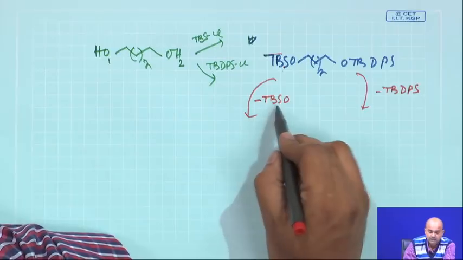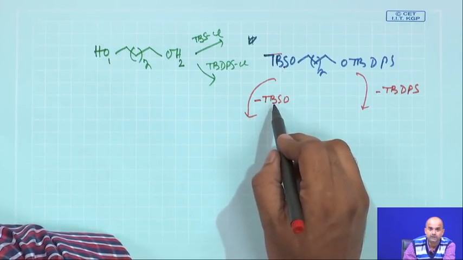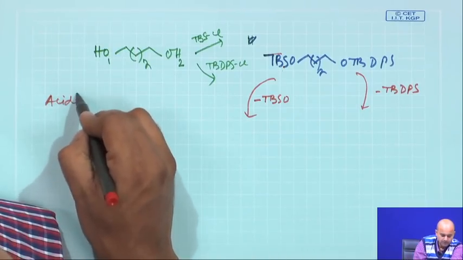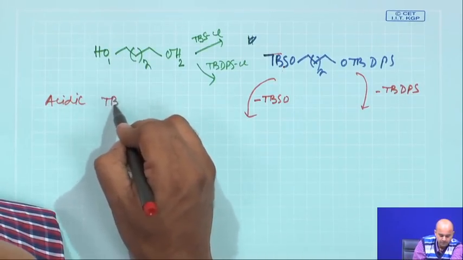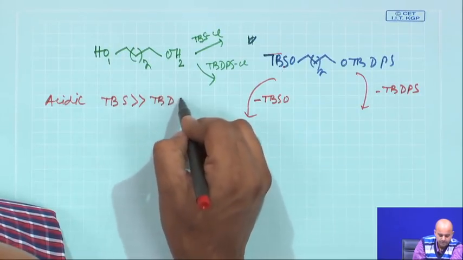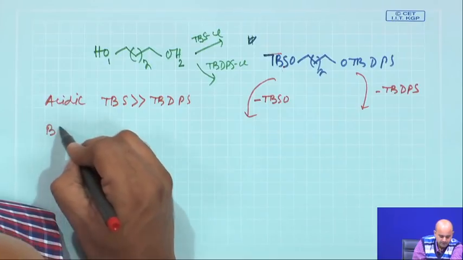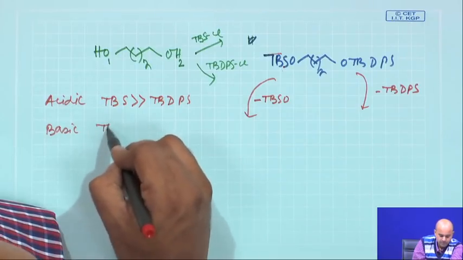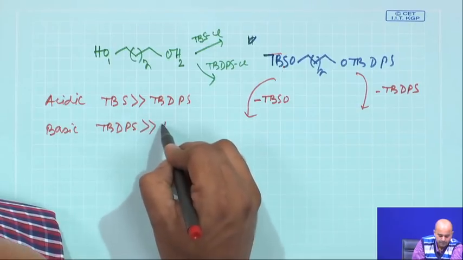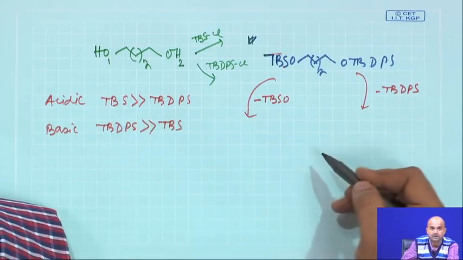Regarding acidic reactivity, I said TBS is much more acid labile, much more reactive than TBDPS. And regarding basic reactivity, TBDPS is very labile towards base, while TBS is not that much.